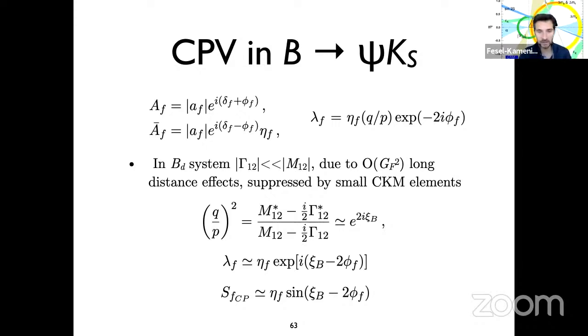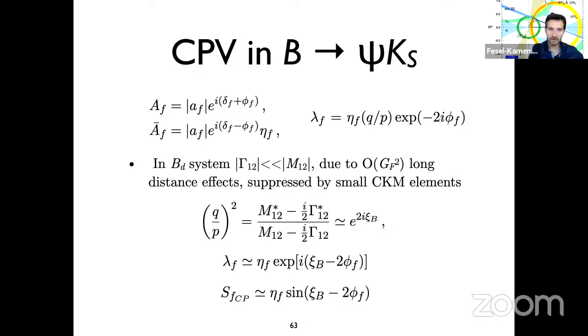They are tree-level dominated decays in the Standard Model. And the CP conjugate decays, because they decay to a CP eigenstate, carry the same strong phase, but an opposite weak phase. Because of the final state being a CP eigenstate, there might be a phase associated with its CP conjugation properties, which is here denoted by eta_f. So it can be either +1 or -1, depending on whether this state is CP even or CP odd.